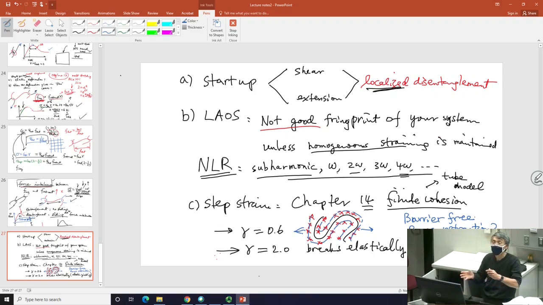Since the tube model is arbitrary, we like to visualize my chain living in a real tube, a smooth tube, and the chain, just like a snake, just tries to retract along the tube and come back without any barrier. But such a picture doesn't really exist.